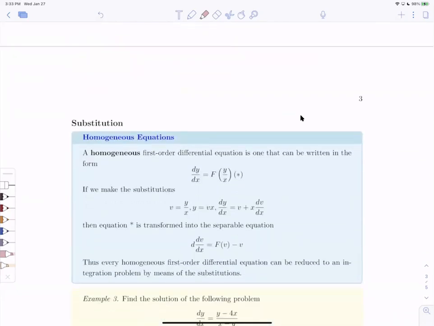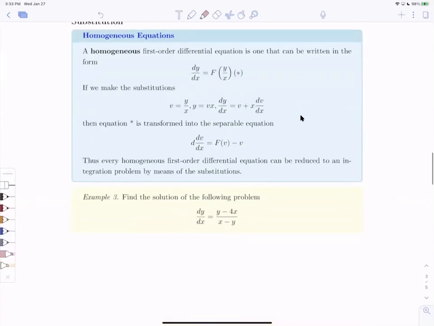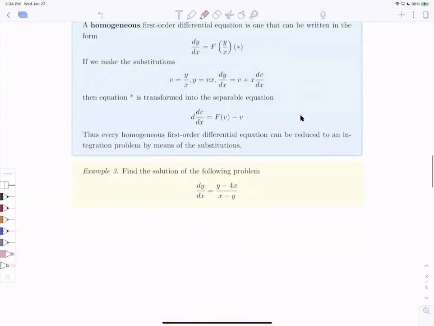So the next topic, I hope everyone's good with integrating factor. It's pretty simple. So our next topic is substitution. Okay. So we have a homogeneous first order differential equation, which can be written like this. We have a function of y over x.